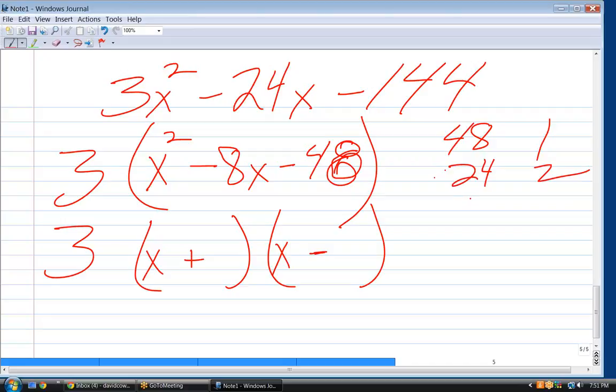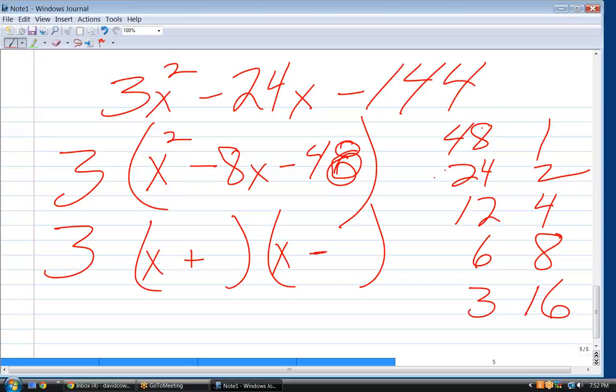Well, let's just keep cutting this in half and keep doubling that, as long as I can. 1 and 48, 2 and 24, and so on. In other words, I've taken it all the way down and I've gotten all the factors.